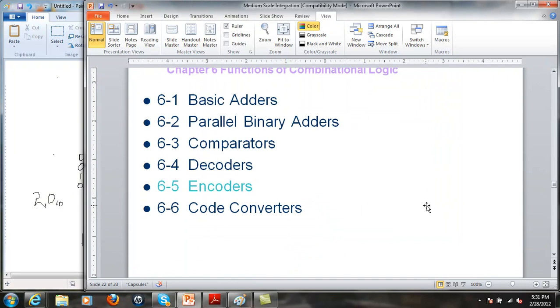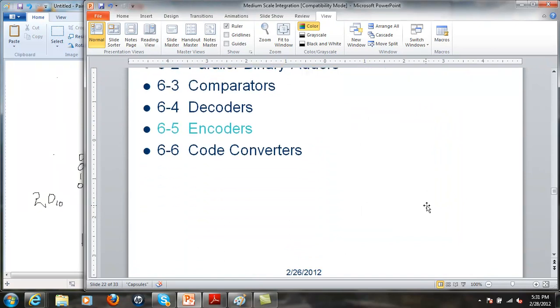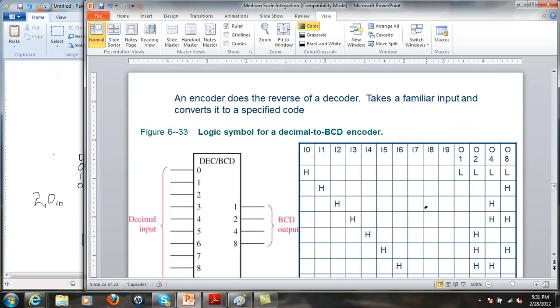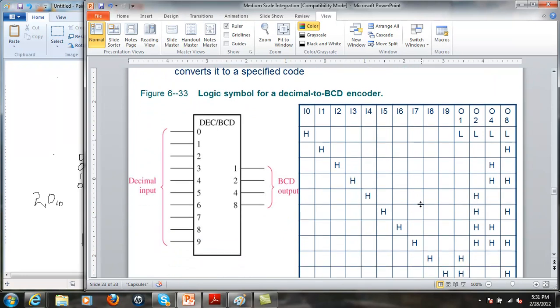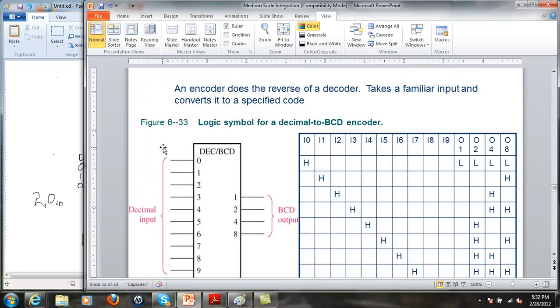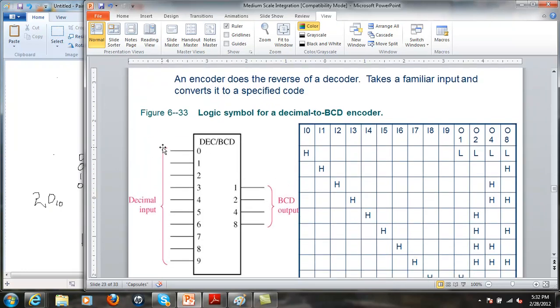Okay, an encoder sounds similar. It works in reverse. So instead of taking, for instance, a binary coded input and converting it to a decimal output, it's the other way around. So this particular chip is a BCD encoder.